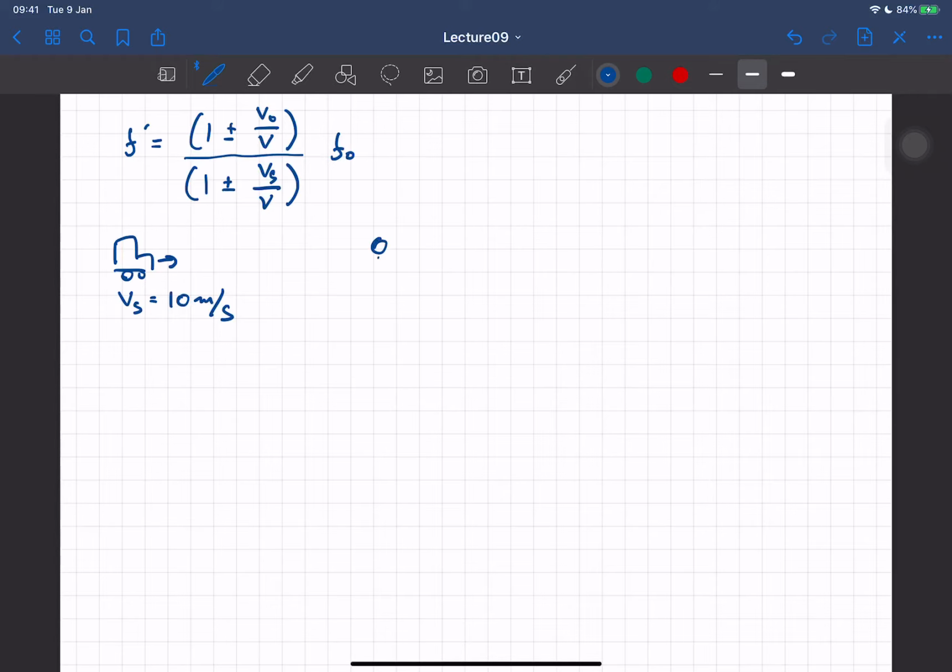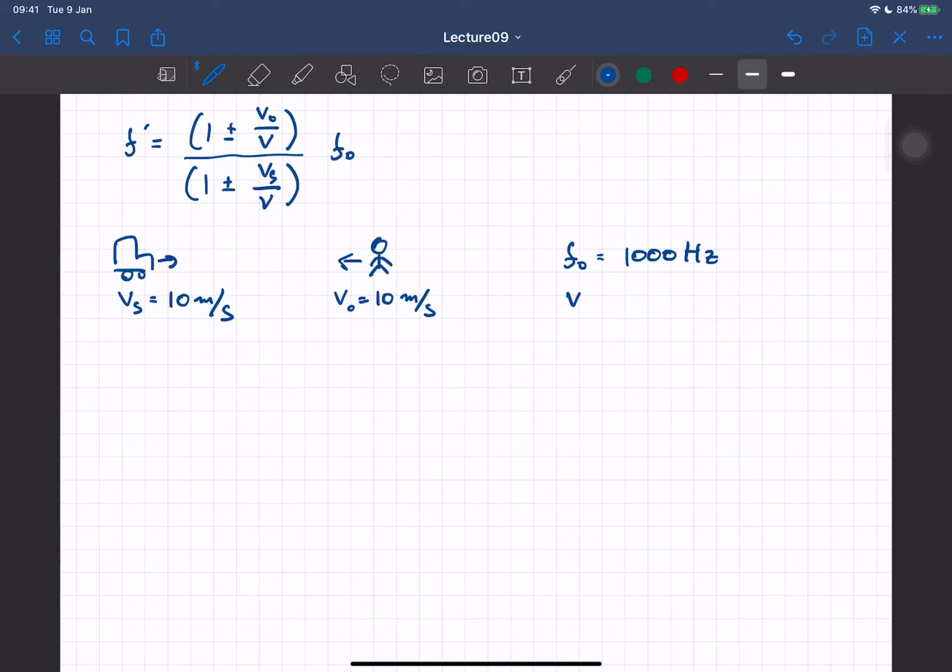And then you have the observer, and let's say the observer moves into the source, right? So it's kind of like a head-on collision, probably not gonna end well for either party, but let's assume this is the case. And f0, again, let's assume it's 2000 hertz, or maybe let's make it easier, just do 1000 hertz.